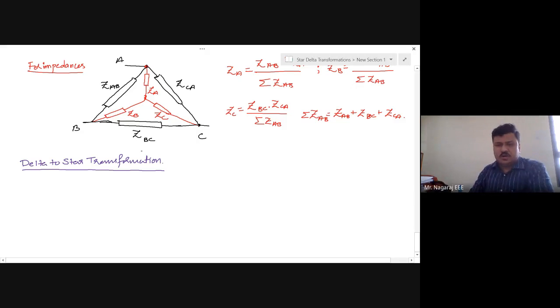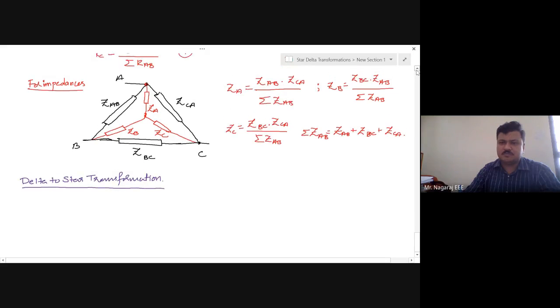So already we have some fundamental equations with us. Those equations we will be reusing, and we will be getting the equivalent delta from the star. It means that now I got ZA, ZB, ZC or RA, RB, RC in terms of RAB, RBC and RCA.